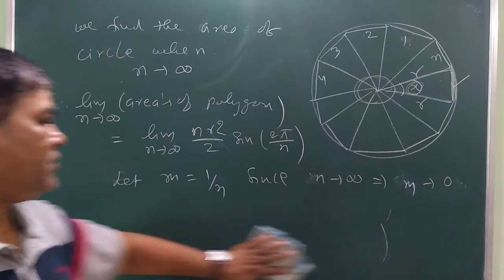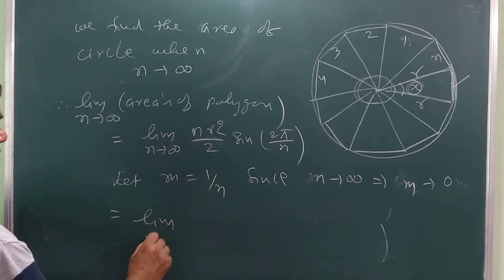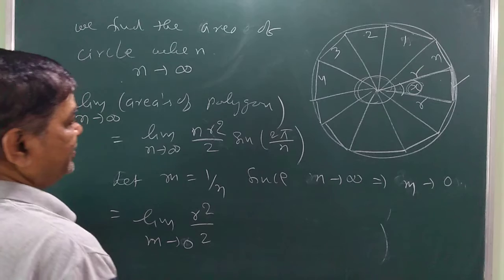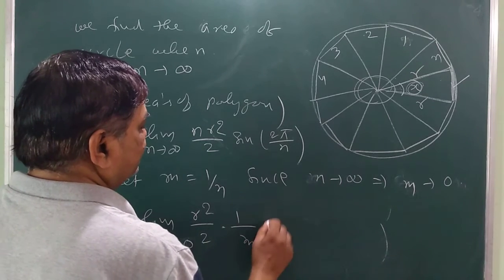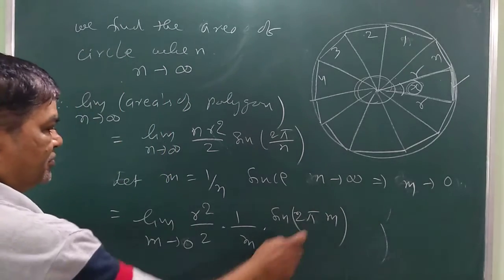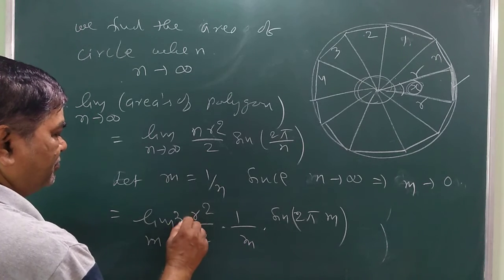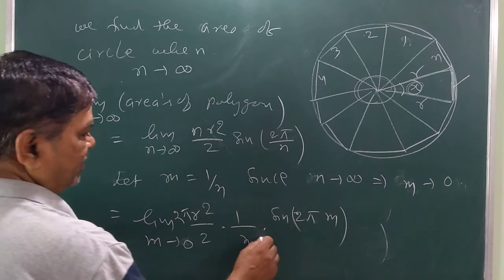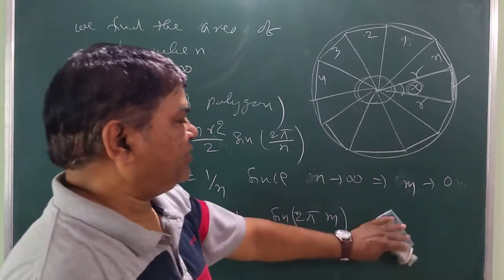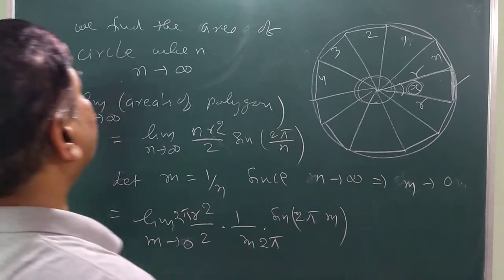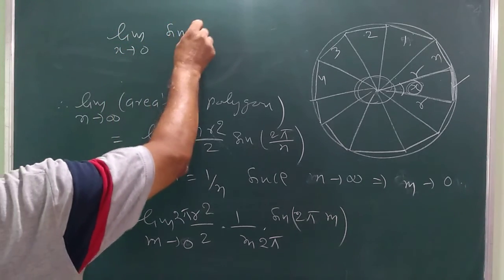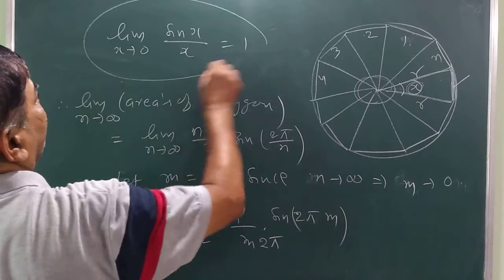Therefore what we do, this is limit m tends to 0, so r square by 2, this is 1 by m sine 2 pi m. So you have to multiply here 2 pi and here is also 2 pi. Now in the next session we will read one formula, that is limit x tends to 0 sin x by x, this is equal to 1.